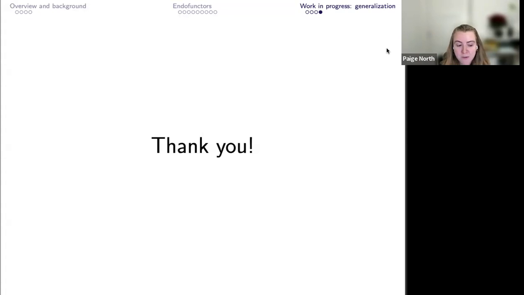And with my co-authors and with Richard Garner, we've thought a little bit about how to upgrade that to a theorem that says that the algebras for a monad are enriched in coalgebras for a comonad, with some kind of algebraic structure relating the monad and the comonad. I expect that to be doable, but I haven't given any thought to your question about groups and co-groups, but that's an interesting question.